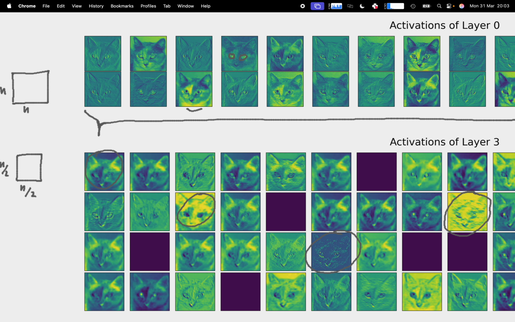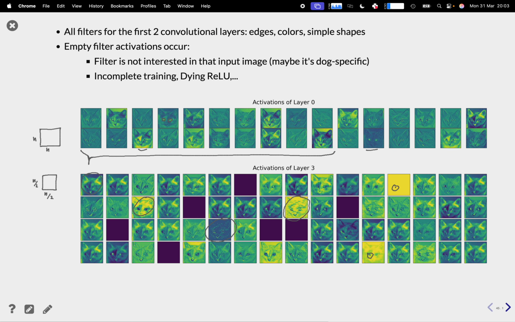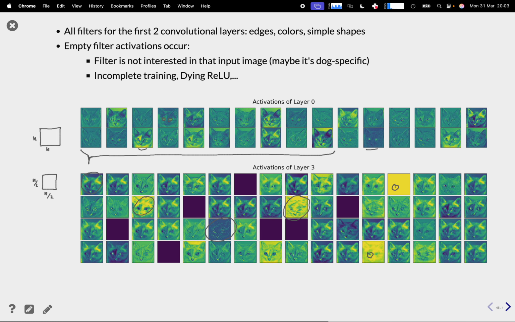Right. So that's it. And another thing we can see is that some of these are black, right? And this can happen typically this early in the network. It typically means that we're dealing with dying ReLU. Remember our activation function.